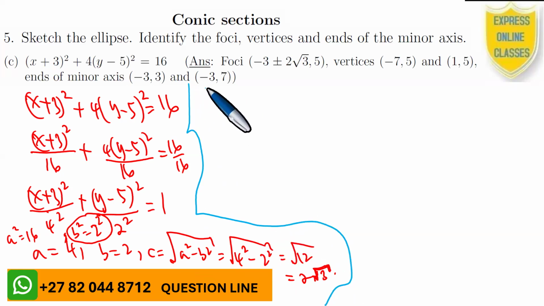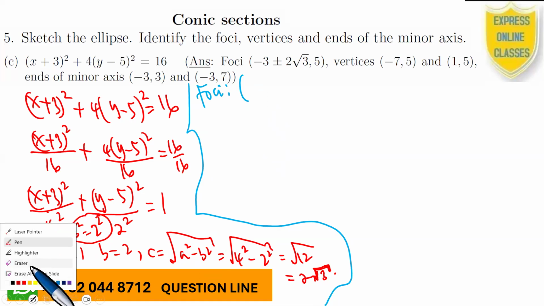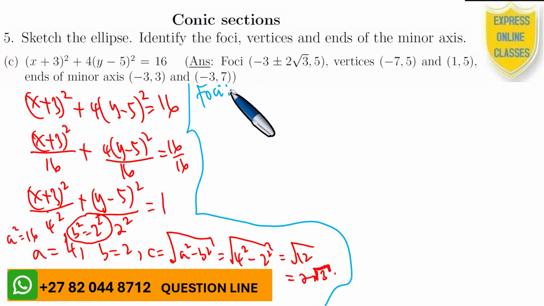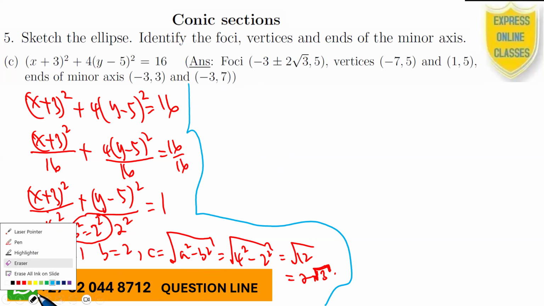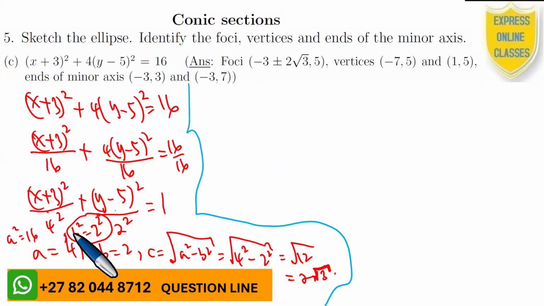Obviously, to do these things, you need to first find the center. What is the center? We must first find the center. The center is -3, 5.